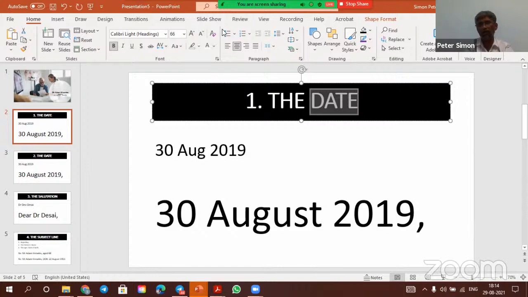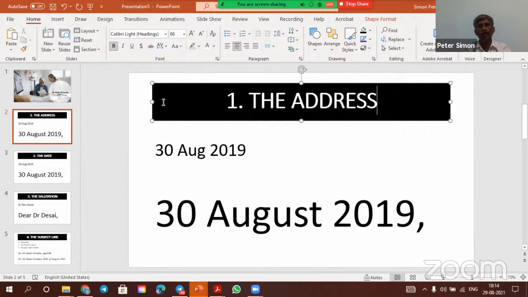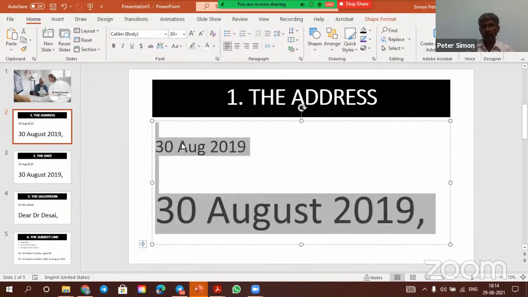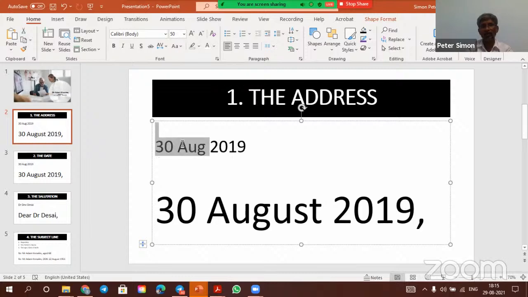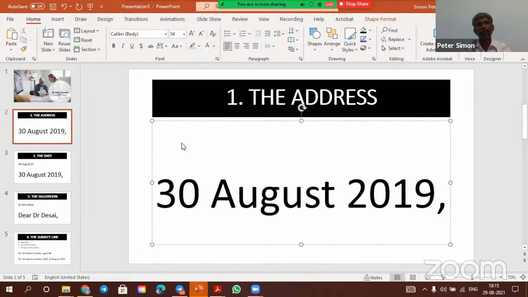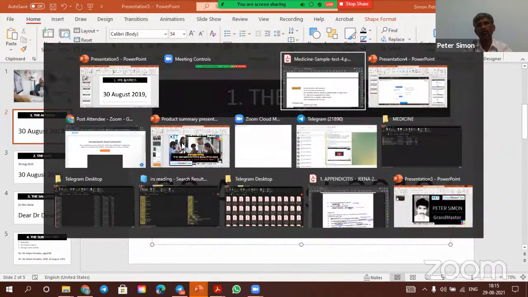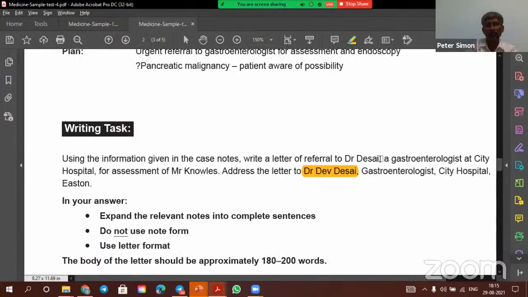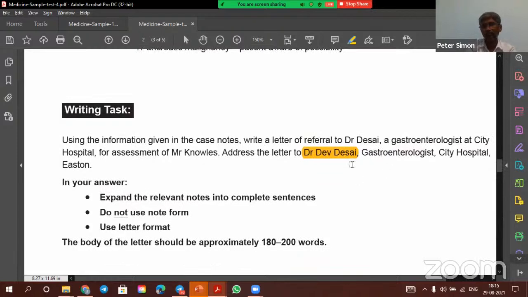This is the address. Okay, fine. Now, where will we get the address from? Let's go to the writing task. If you go to the writing task, you will find the address.